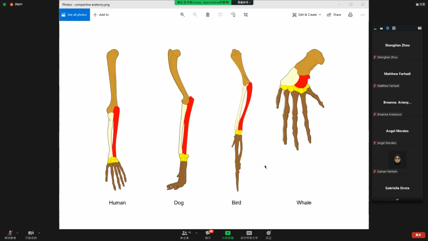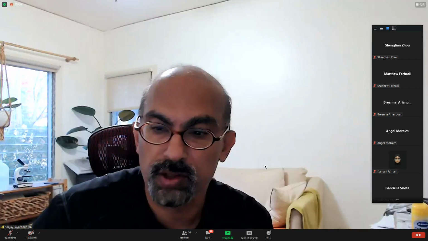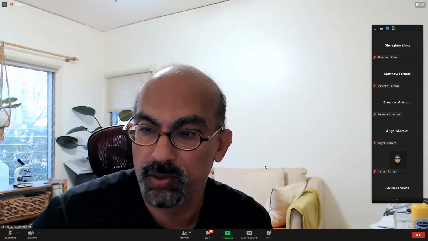If you look at a human hand, dog's leg, bird's wing, whale's flipper, and you look at the radius and all around the wrist bones, there's some similarity in the bone structure. So these are homologous, like we saw homologous chromosomes, these are homologous bone structures. And this is called comparative anatomy. It's very different from, let's say, a fly's wing and a bird's wing, right? They're both for flying, but completely different origins. Not like this. They all have different functions here, but the same bone origin. So comparative anatomy is a way of also linking up organisms.